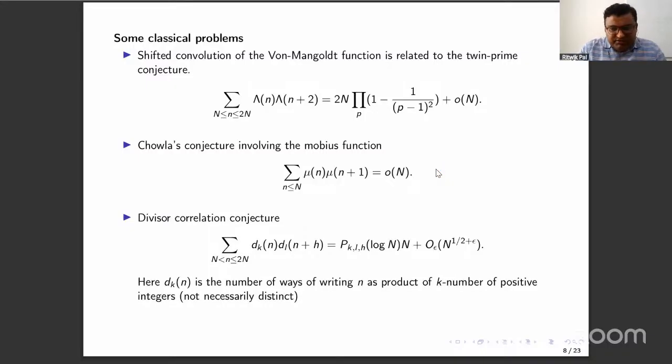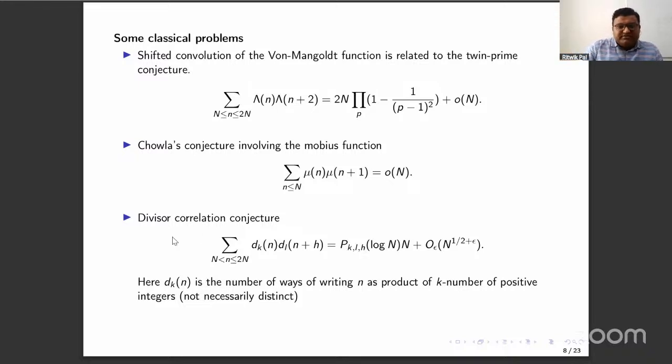And the third one is the divisor correlation conjecture. Here d_k(n) is defined as the number of ways one can write n as a product of k positive integers, that is, n equals n_1 n_2 up to n_k, and the summation is over 1.